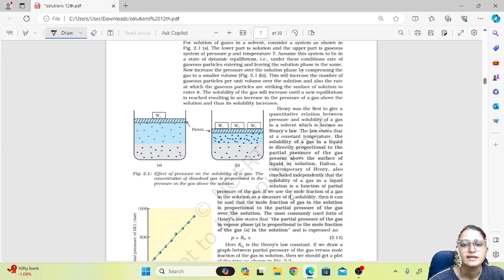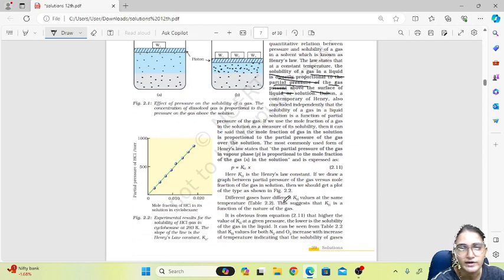Whichever gas you take, when you put it in a liquid, the solubility of that gas in the liquid is proportional to the partial pressure of the gas above the surface of the liquid.